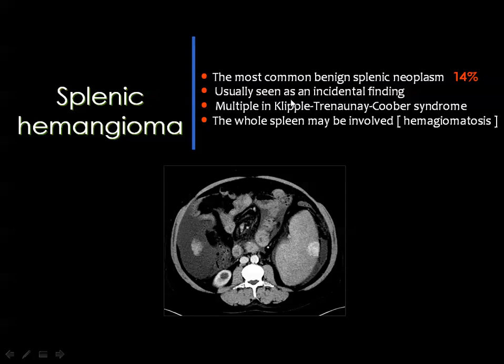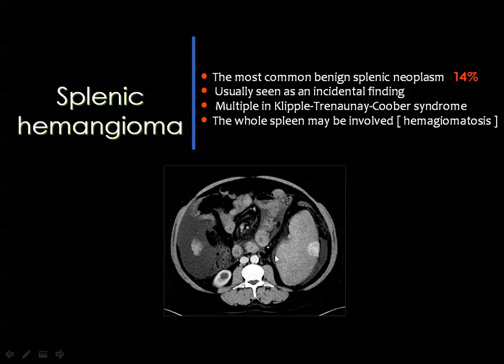The hemangioma is usually an incidental finding. It can be multiple in Klippel-Trenaunay syndrome, and the whole spleen may be involved by extensive what we call hemangiomatosis. The hemangioma, whenever it is small, shows immediate total filling with contrast media, what we call flash filling hemangioma.